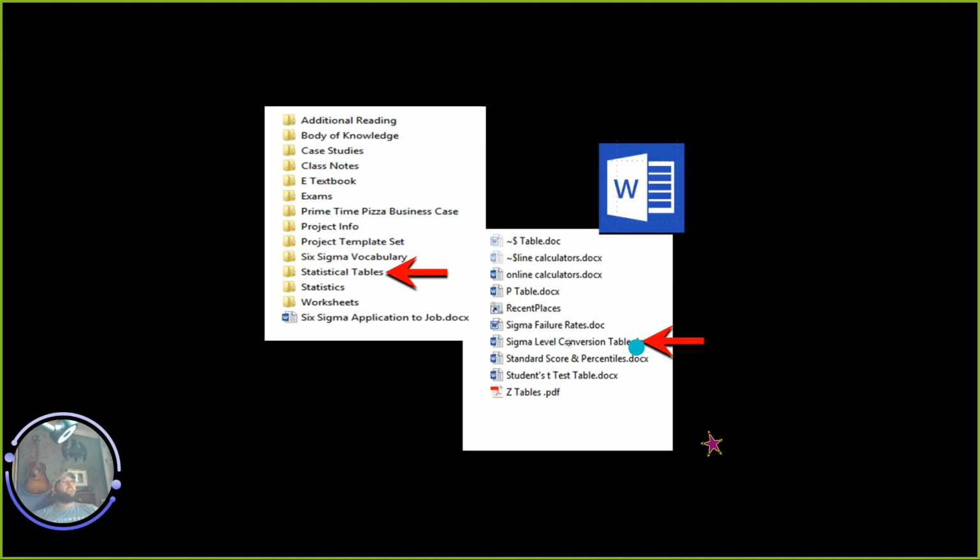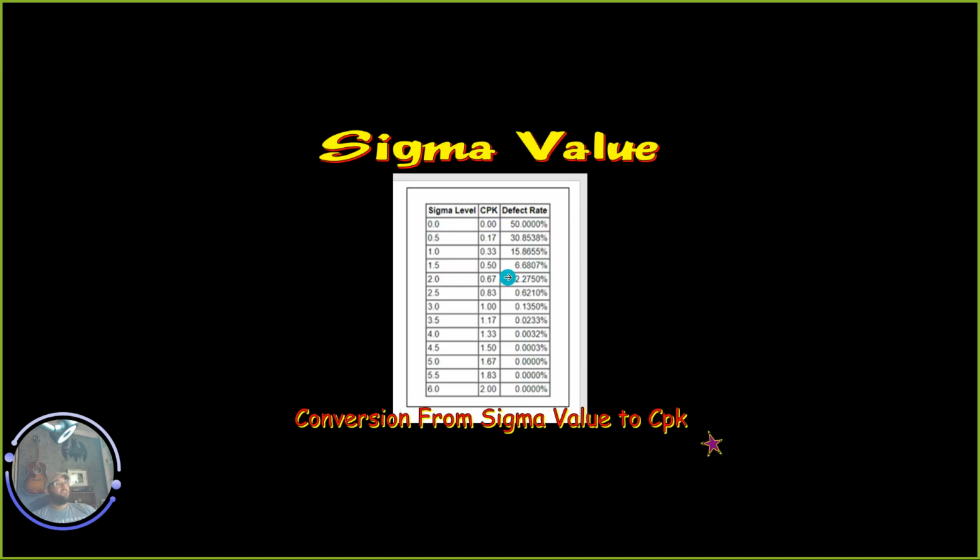When you go through that and you go to the statistical table, that sigma level conversion table, you can identify your sigma level and compare it to the defect rate. Now, here's the cool thing.